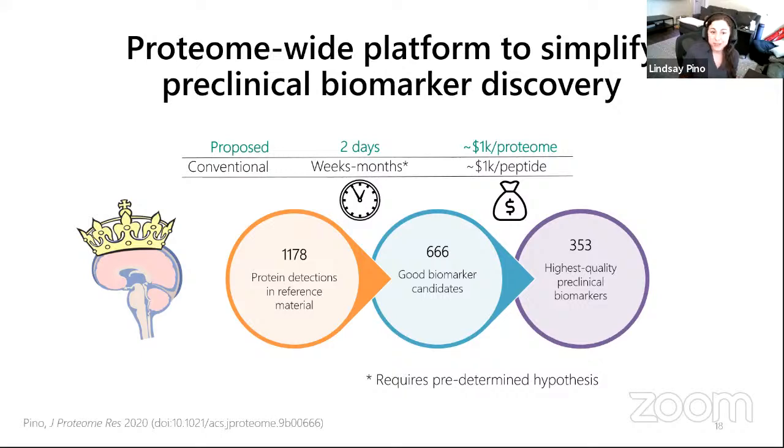You do one of those gas phase fractionated libraries, you figure out what you can detect in your sample, and then instead of spending $1,000 per peptide for stable isotope labeled paired standards, you spend about $1,000 per proteome using either SILAC to shift the m/z values of your peptides, or you can use other methods to dilute your reference proteome in a background. So DIA has already really enabled a lot of advances in doing quantifications and doing them very quickly.